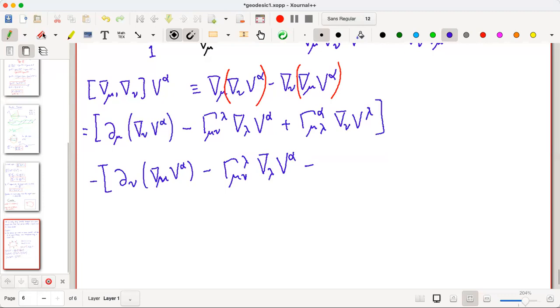Sorry, this is the other way. Well, it doesn't matter because the Christoffel symbol is symmetric, but I just want to make it consistent. And this is gamma nu lambda alpha del mu v lambda.